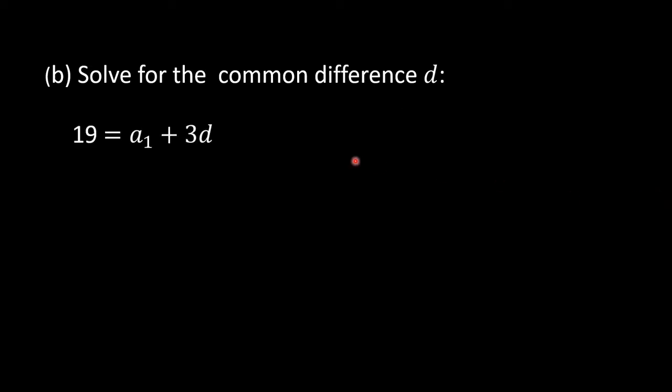The first equation in the system is 19 is equal to a sub 1 plus 3d. The second equation is 51 is equal to a sub 1 plus 11d. Let us eliminate a sub 1 and a sub 1 here. We can do that by multiplying the left side and the right side of this second equation by negative 1.